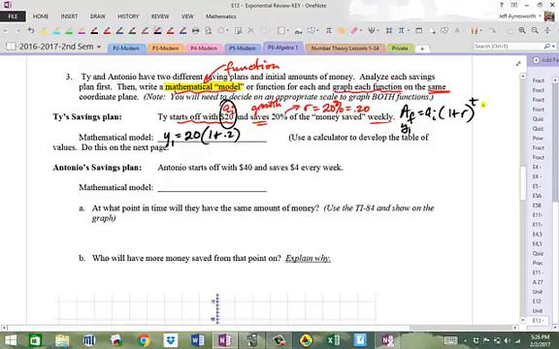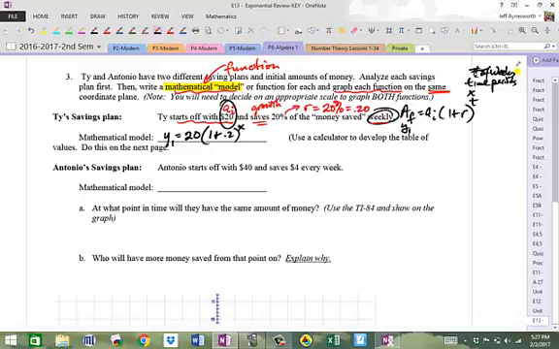Raised to the t power. On the calculator, t is going to be x, okay, to the x power, where x is the number of time periods. In this case, weeks, okay, number of weeks. So we're going to have to graph that one.